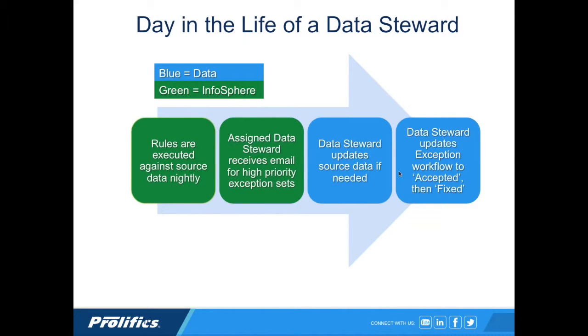Rules are executed nightly by a combination of DataStage and a script. And I guess I should mention that we use DataStage jobs to pull the information out of SAP, load it into a set of staging tables. We've created, in some cases, views on those staging tables to make the rule development easier.